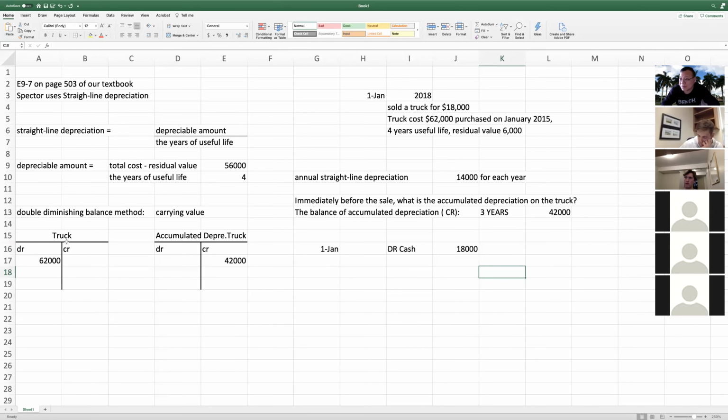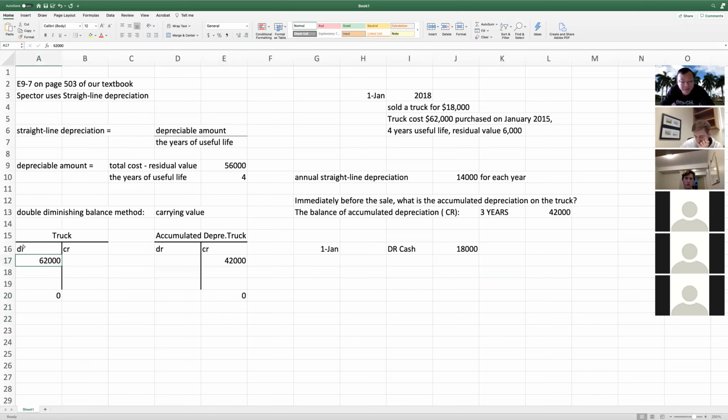So now, after the sale, this balance should be 0 because you don't own the truck anymore. It's not your truck anymore, right? And this balance should also be 0. How can you make this T account 0 balance?